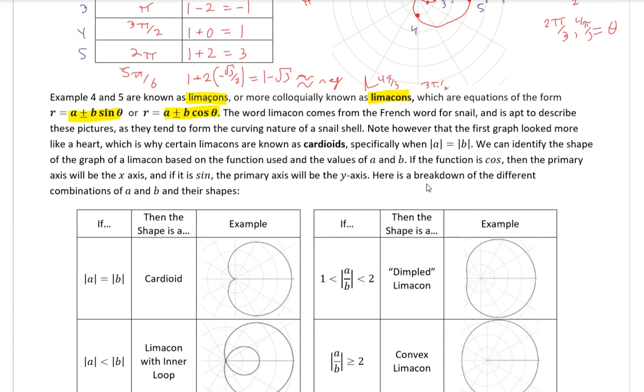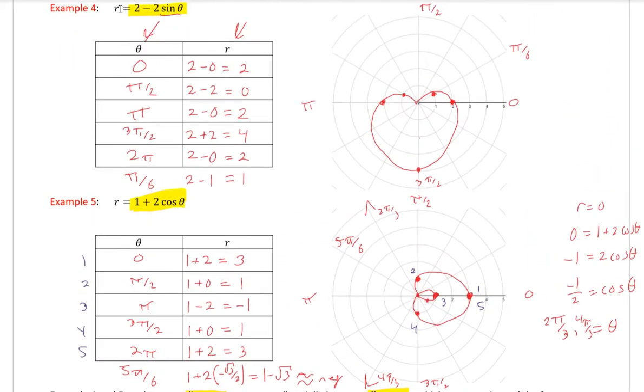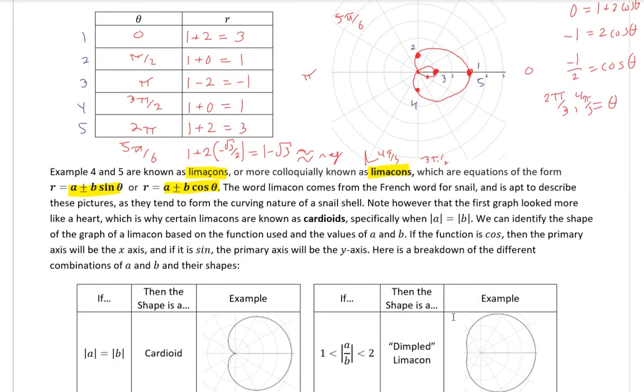The values for a and b will determine the shape of it, as we noticed before, we had different values. For example, in number 4, we had a and b both being 2, and we had this perfect heart shape. But in the second example, we had a, which was 1, smaller than b, and we ended up with this inside curl.